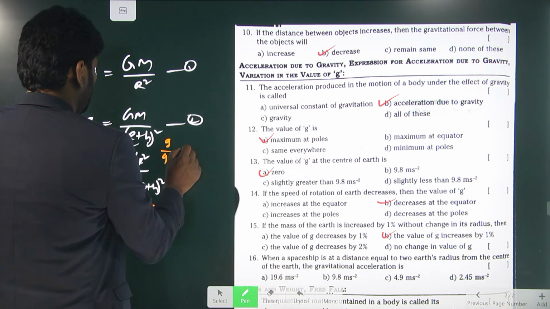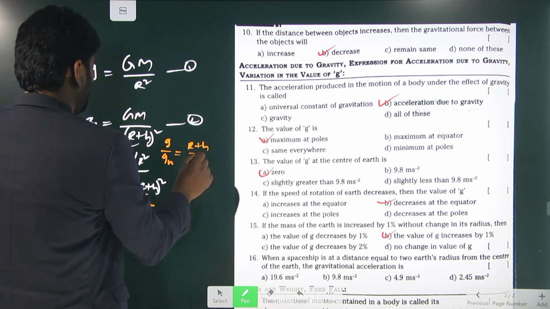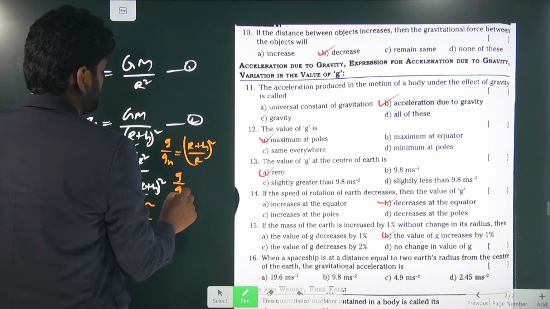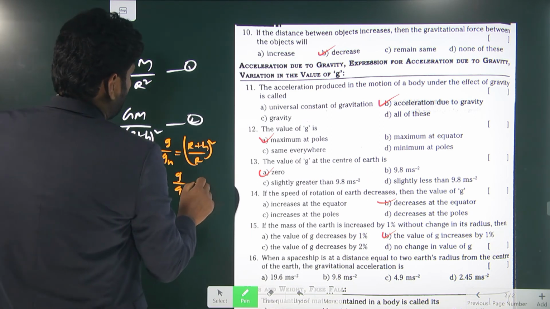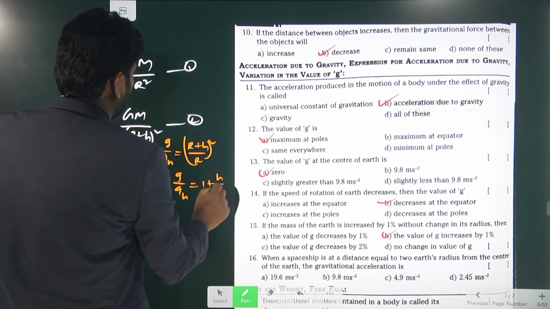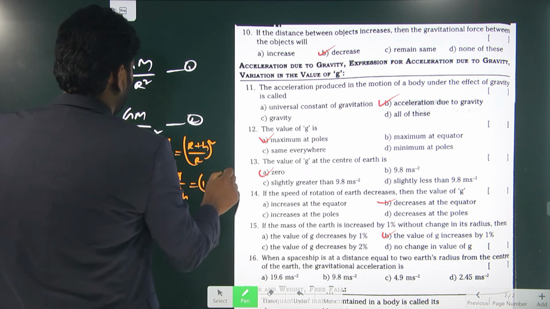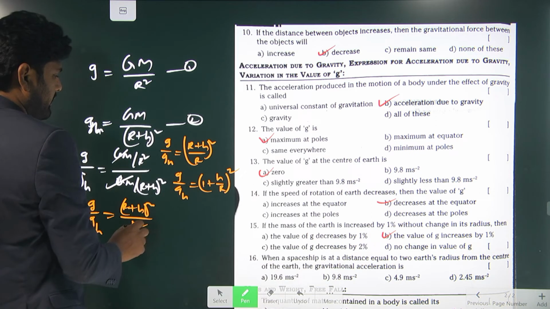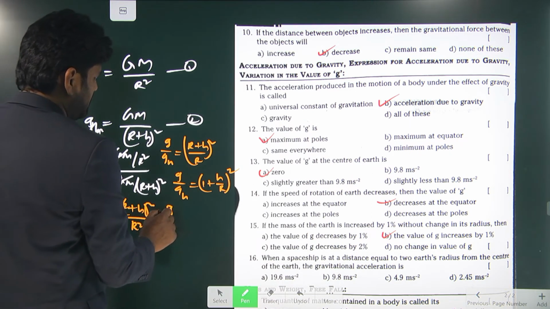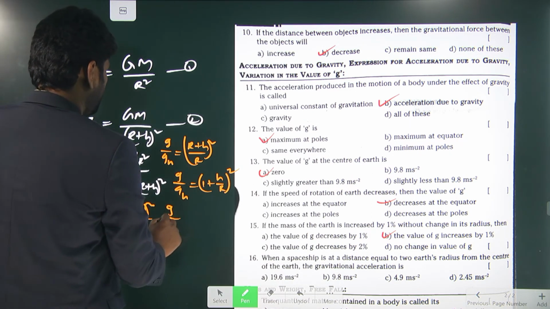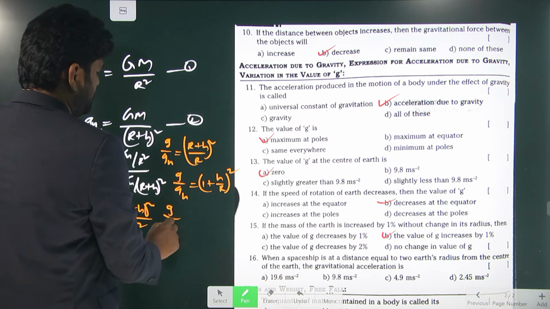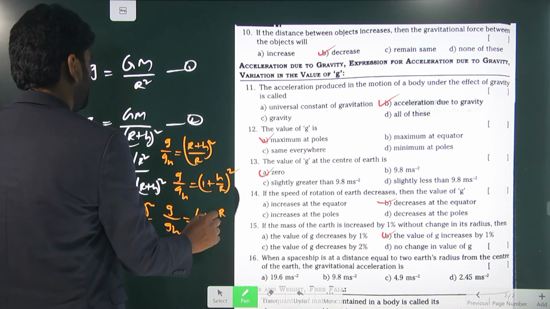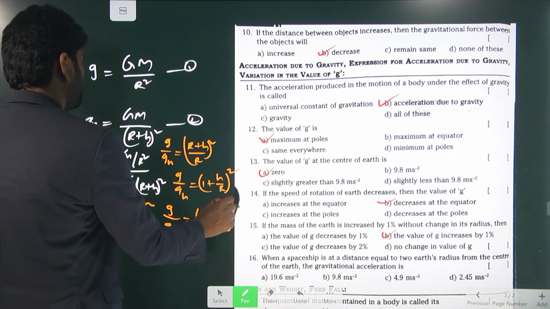What is the thing? g by g_h is equal to (R plus h) by R, whole square. So finally g by g_h is equal to (1 plus h by R) whole square. So now, if I use the g value, g_h is equal to 1 plus h is R by R whole square.